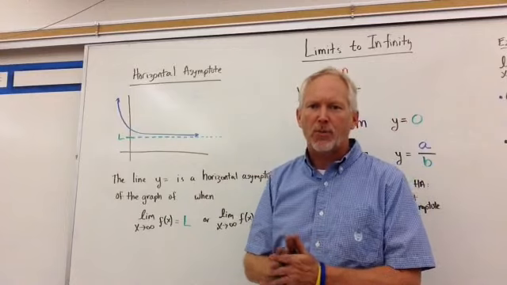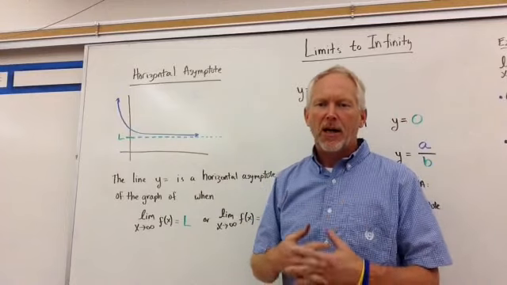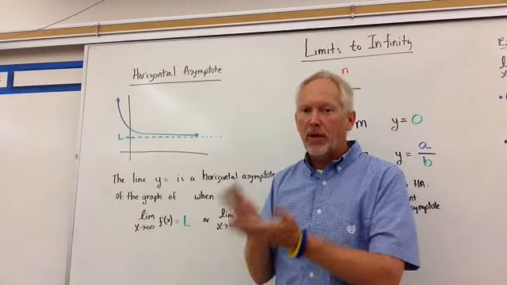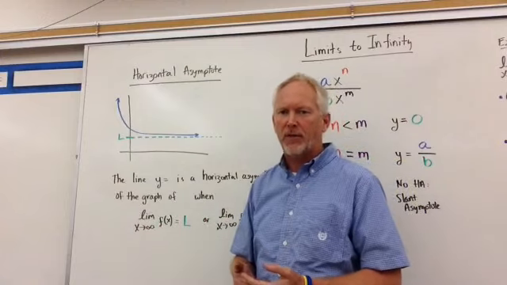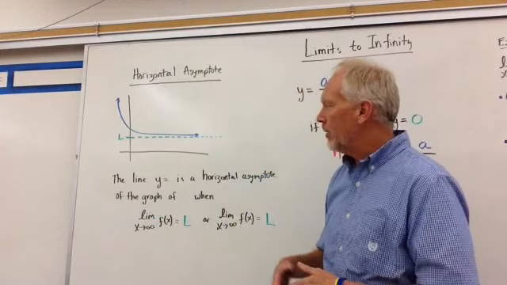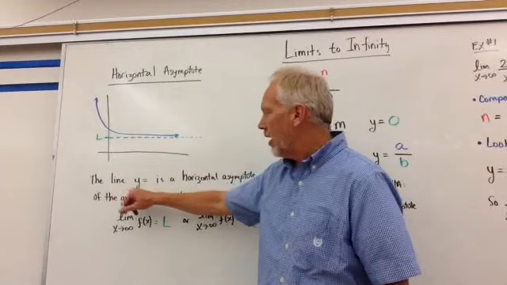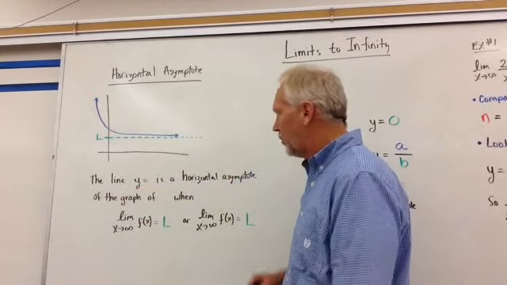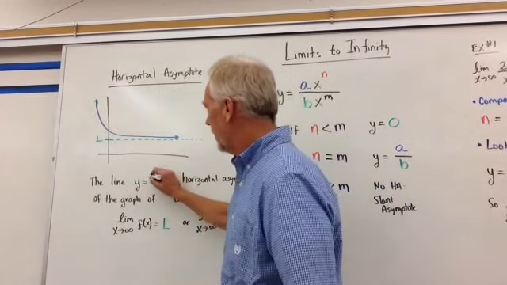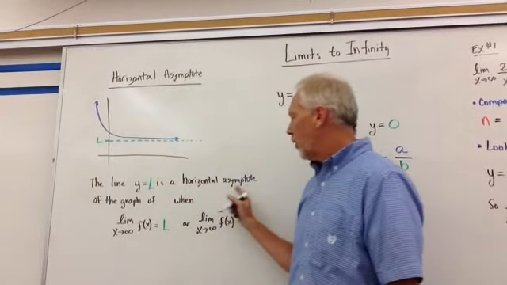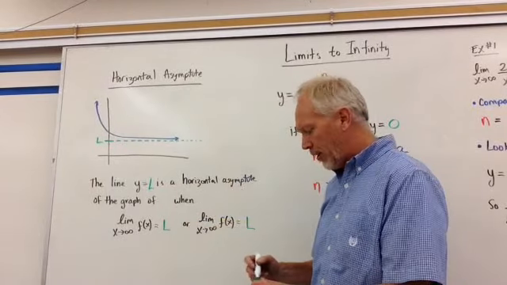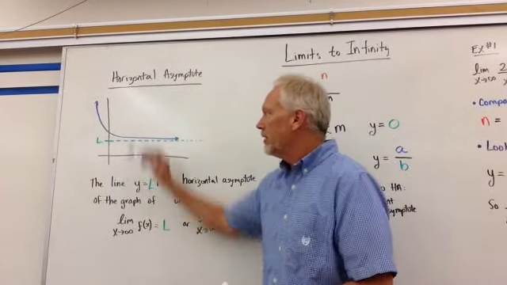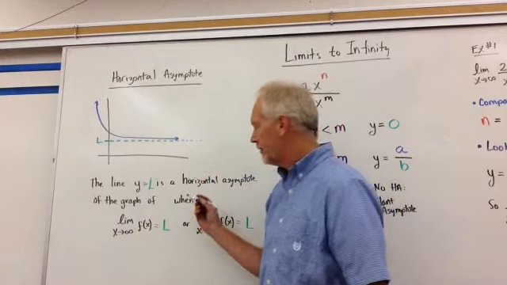Horizontal asymptotes can also be referred to as limits because they do limit the curve from going to a specific place. And so if we have the line y is equal to L, L is a horizontal asymptote on the graph of f.